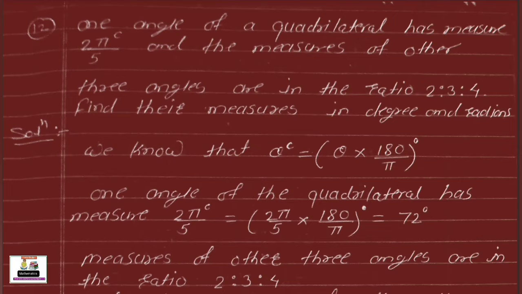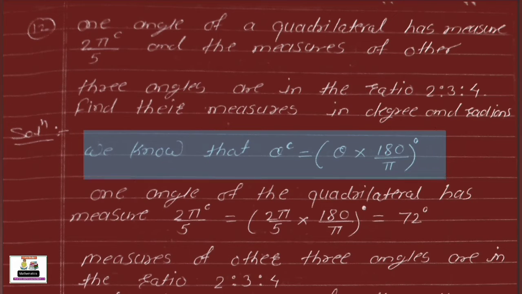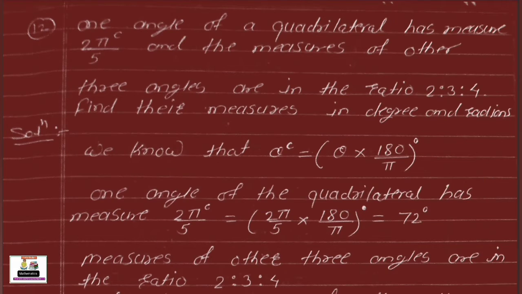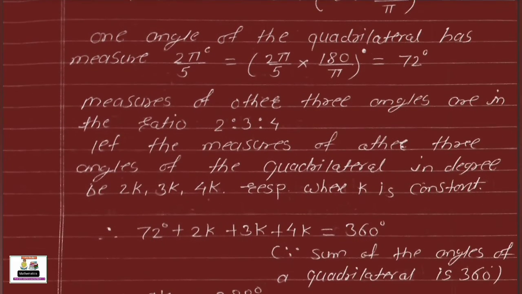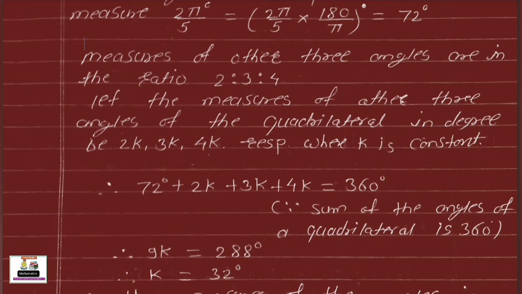Let's see the calculation. We know that theta radians is equal to theta into 180 upon pi degrees. One angle of the quadrilateral has measure 2 pi by 5 radians, which is equal to 2 pi by 5 into 180 upon pi degrees. This calculation gives 72 degrees. Again the measures of the three angles are in the ratio 2:3:4.